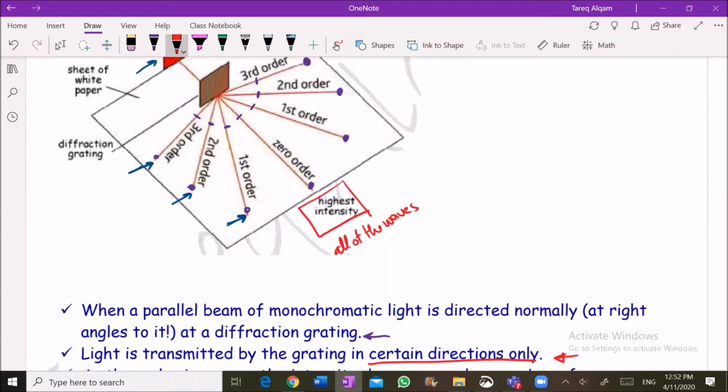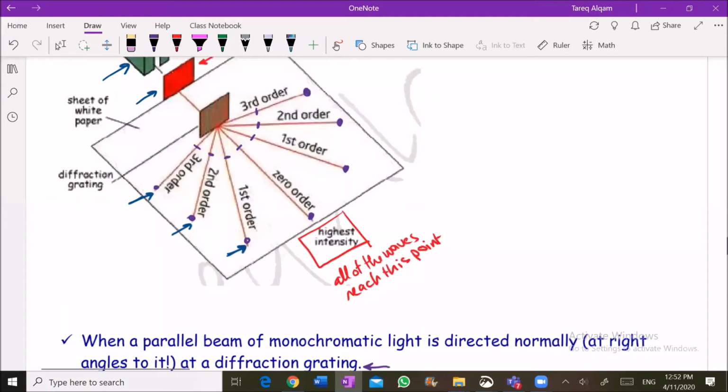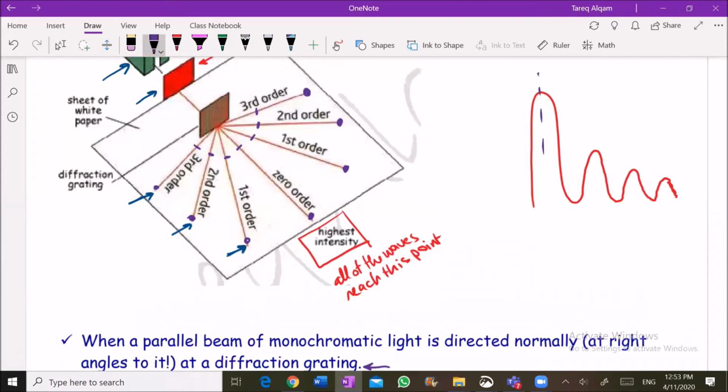Then the intensity starts decreasing. So the highest is the central intensity, then we have the first order, then the second order, third order, and so on. This is the first order. This is the second order.